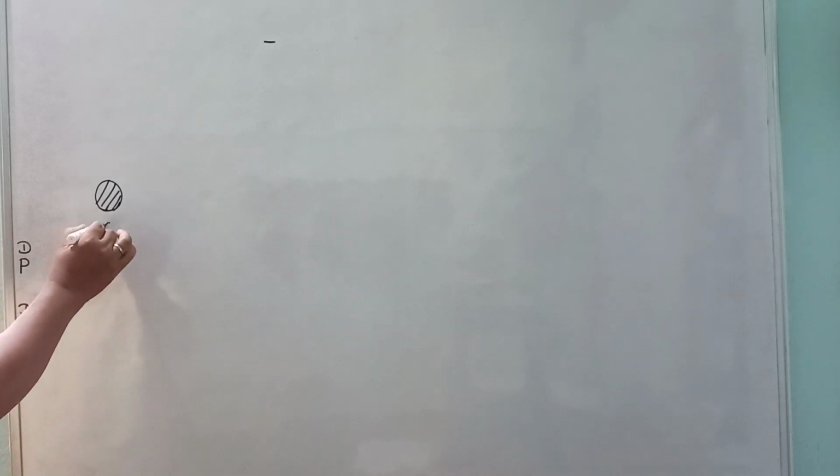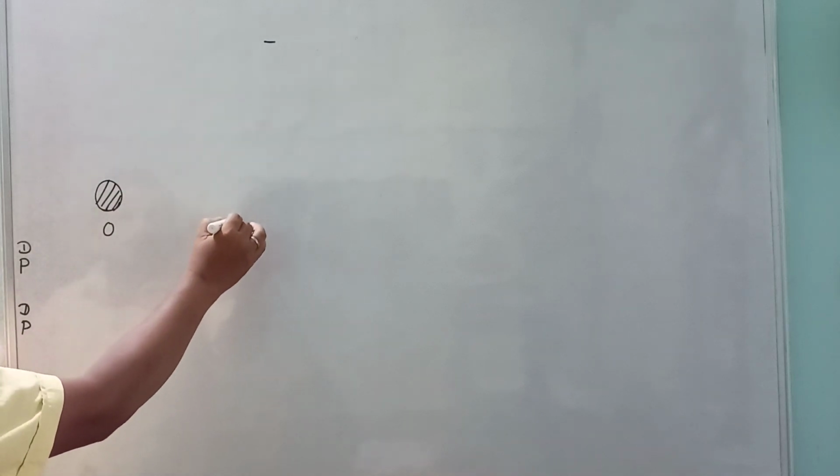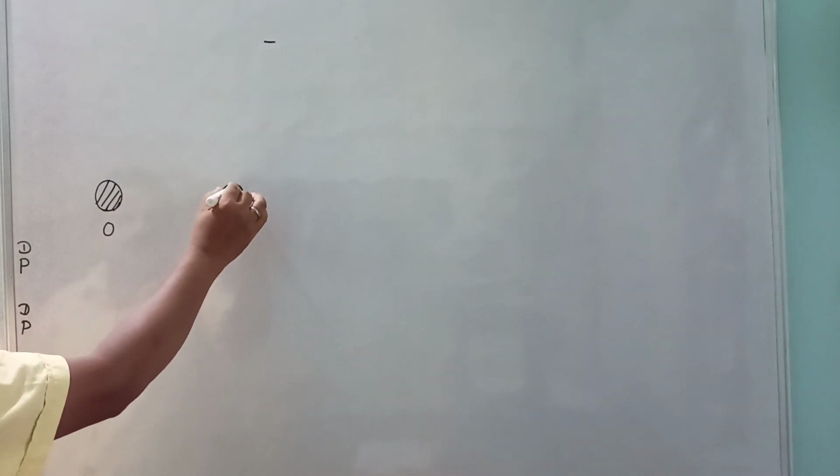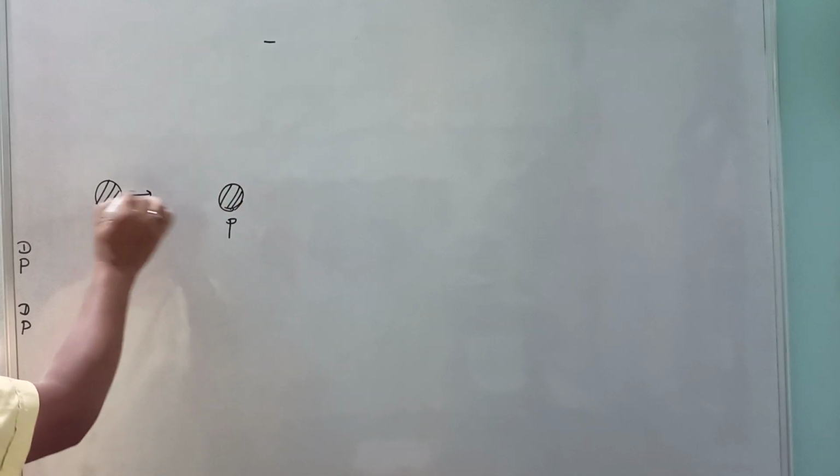This is an object at position O. Now this object with time reaches point P. From O to P, its position is changed with time. So we say that body is in motion.